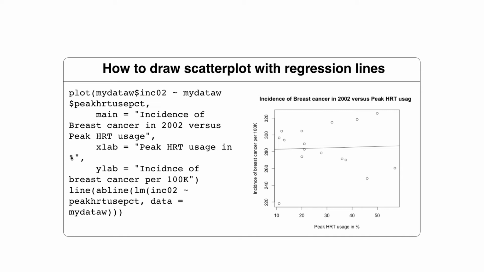R will automatically then construct the best fit line and put it onto the plot. We will later see that you can actually change colors of this line as well. So let's take a look at how we can change colors in our graphs.